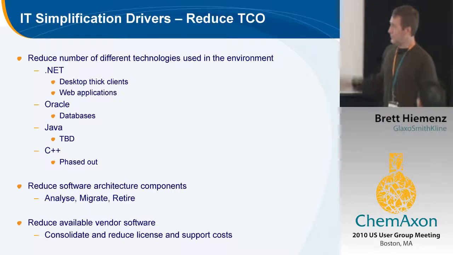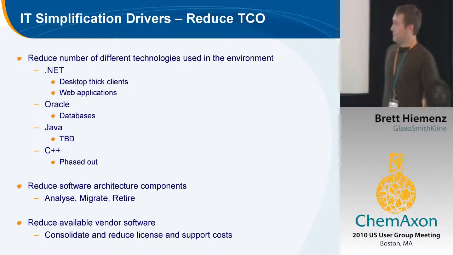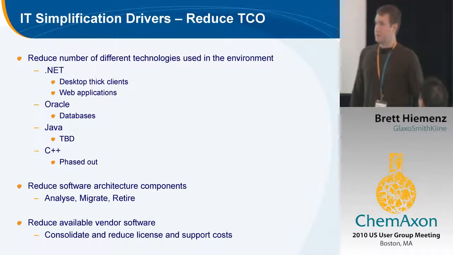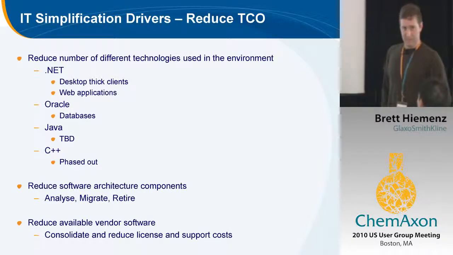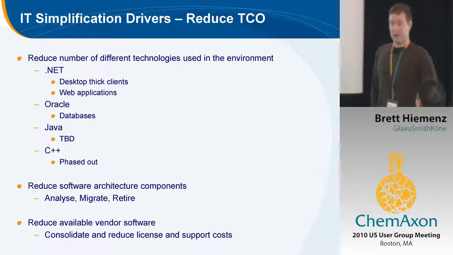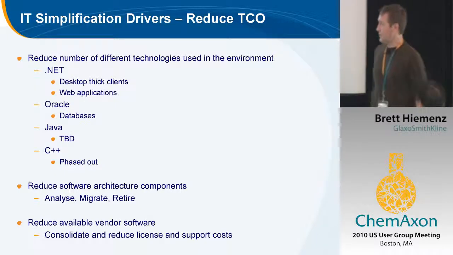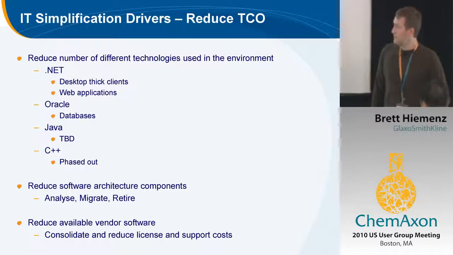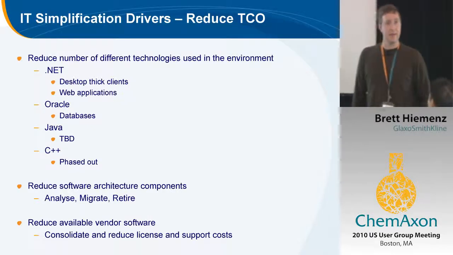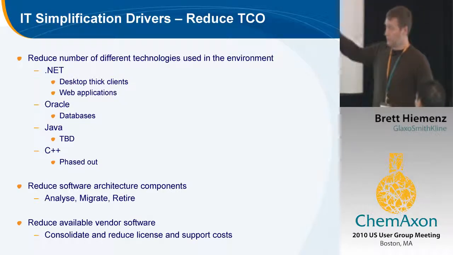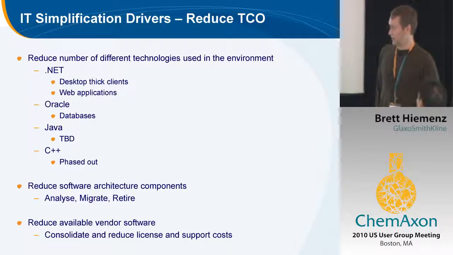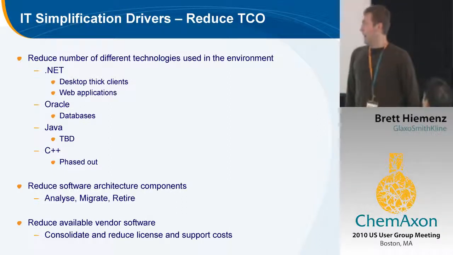When we standardize on these things, the idea is to simplify both our development environment and the support costs. So how do we go about doing that? We need to analyze what we have, migrate some of them to the newer technologies, and of course, make the hard decisions to retire some of them.